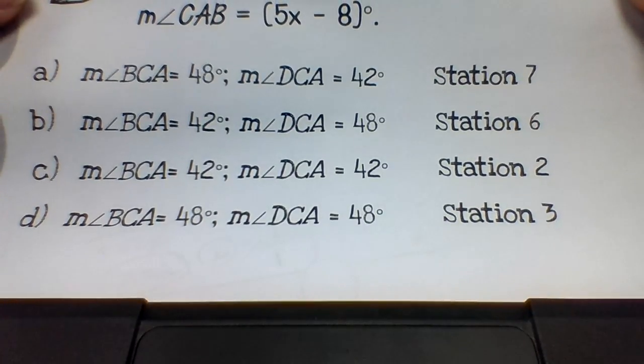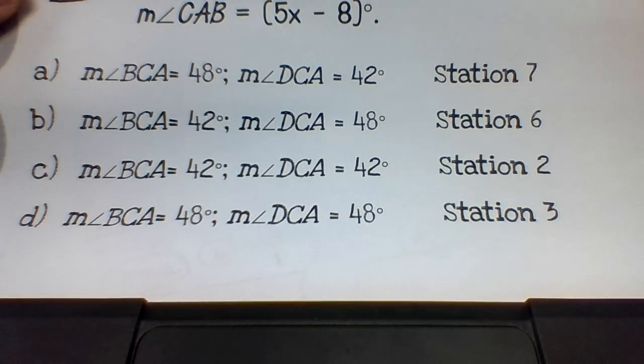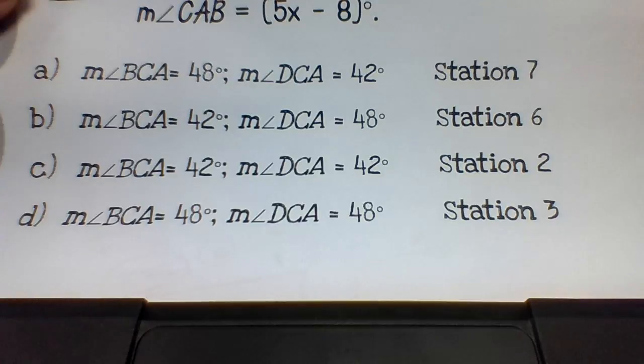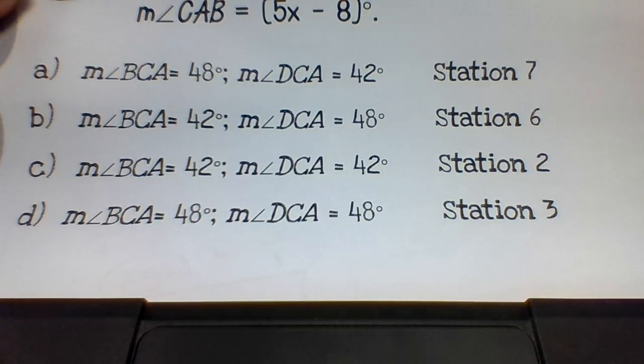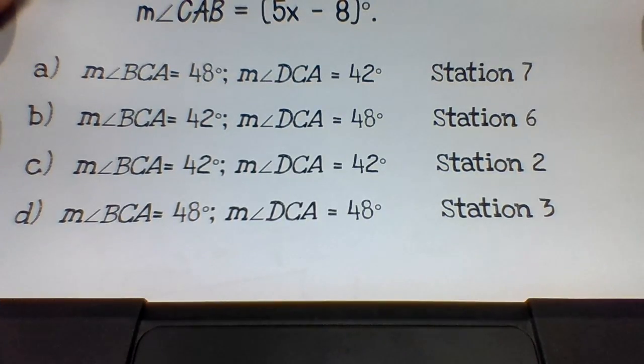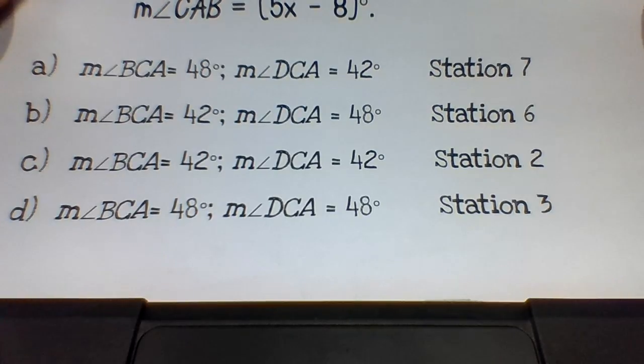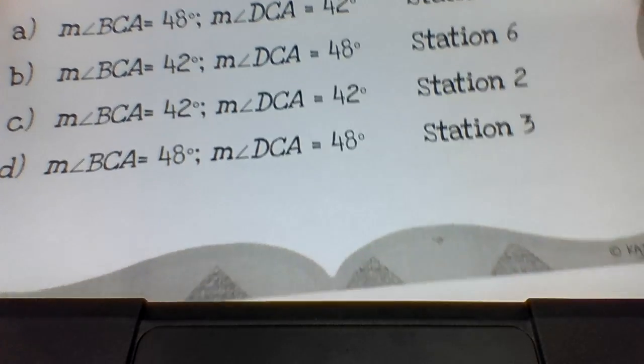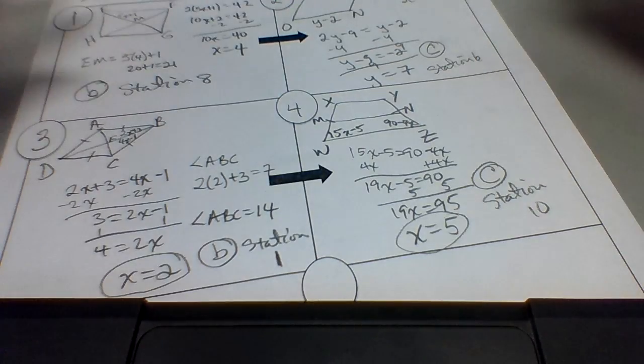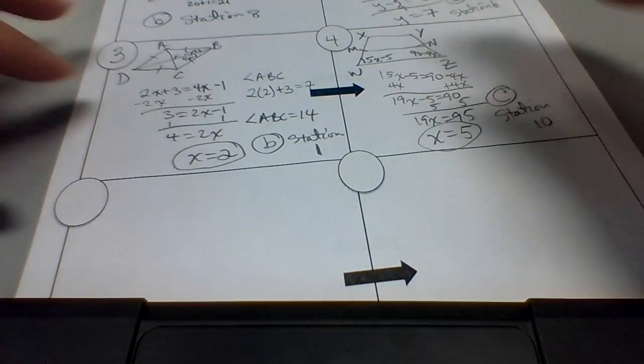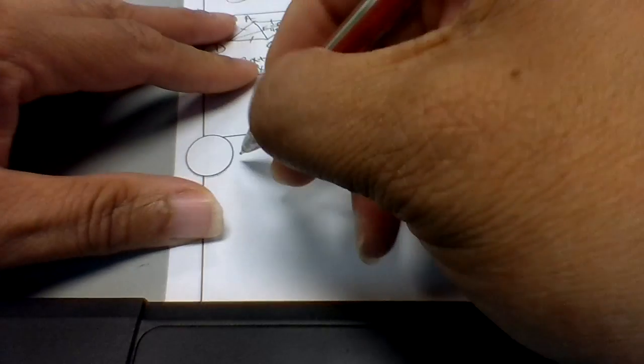Problem number 5. Quadrilateral ABCD is a rectangle with diagonals that intersect at E. Find angle BCA and angle DCA if angle DAC is 4x plus 8 and angle CAB is 5x minus 8. Okay. So I come over here and draw a rectangle.